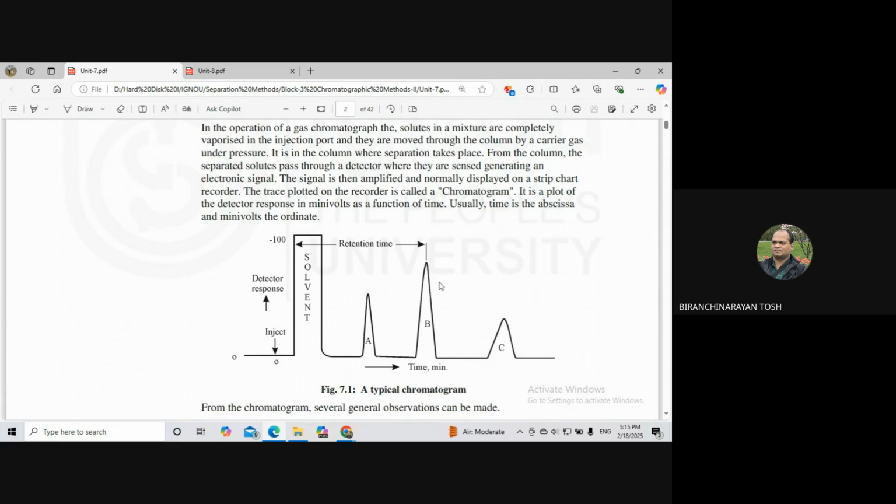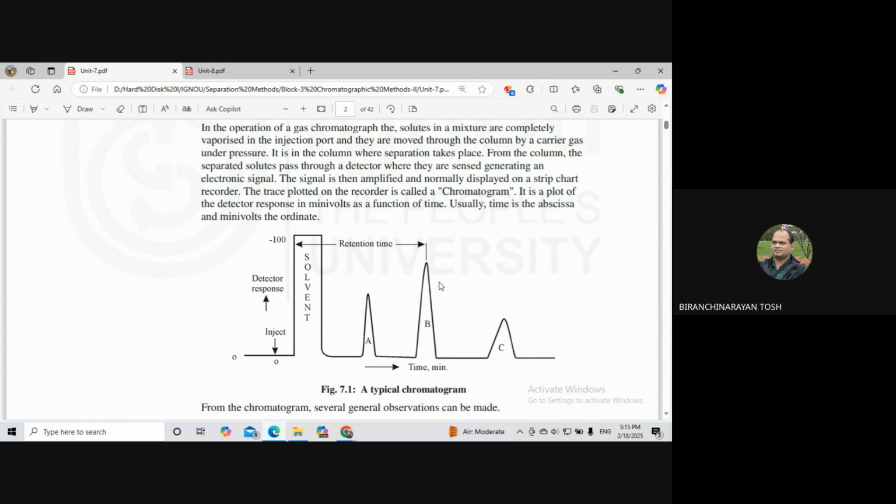The signal is then amplified and normally displayed on a strip chart recorder. The trace plotted on the recorder is called the chromatogram. It is a plot of the detector response in millivolts as a function of time.